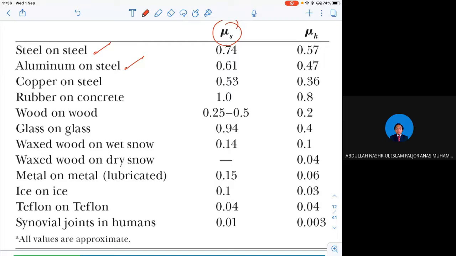The value influences how rough the surface is. The smaller the value, that means the surface is slippery. All right.